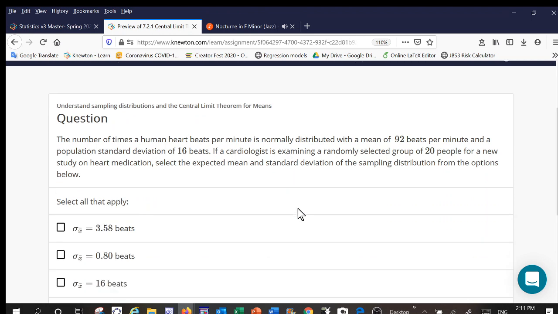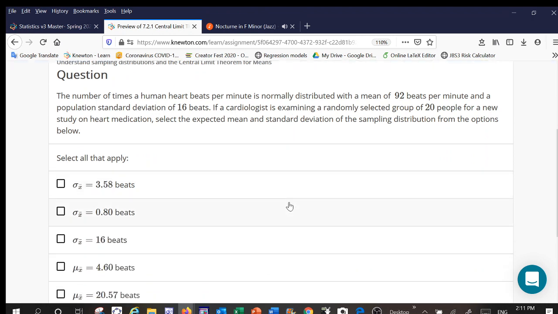The number of times a human heart beats per minute is normally distributed with a mean of 92 and a standard deviation of 16. If a cardiologist is examining a randomly selected group of 20 people for a new study on heart medication, select the expected mean and standard deviation of the sampling distribution from the options below.